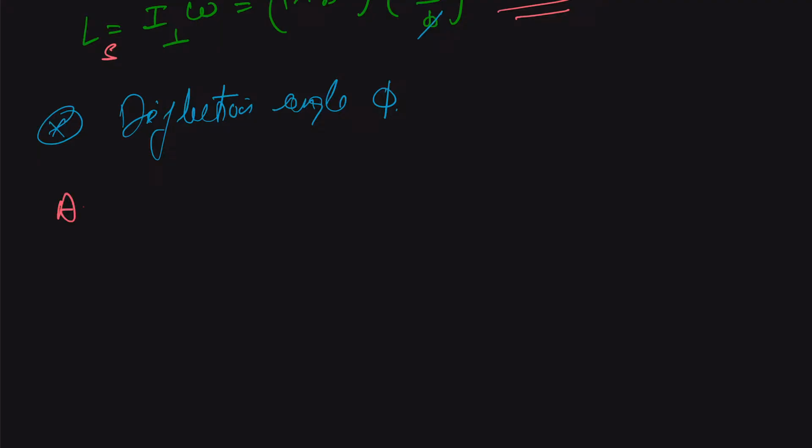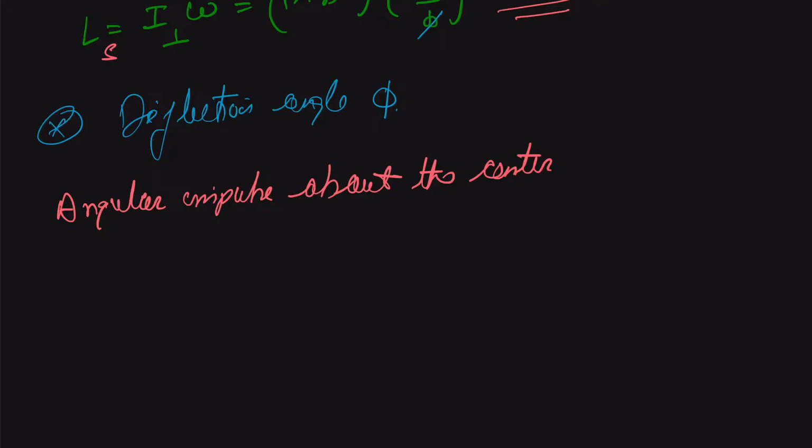So we can say that our angular impulse about the center, let us call this delta L, will be equal to R multiplied by I. Okay.